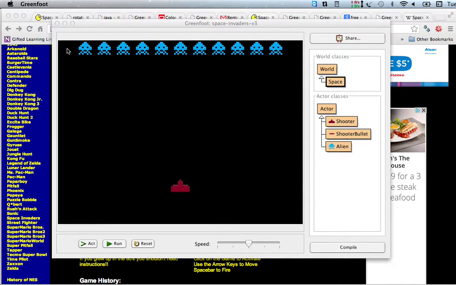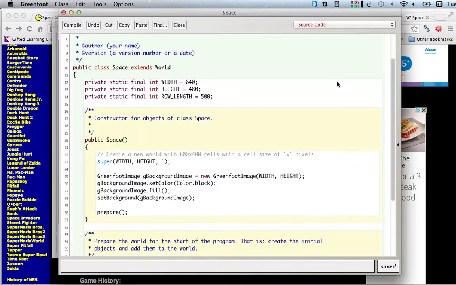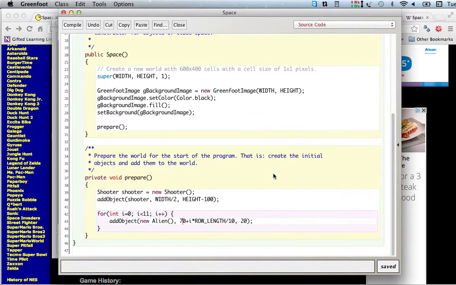Then we divided that value by 2 so that we could divide that leftover space between the left side and the right side. So we're taking the width, subtracting off the row length, and then dividing that difference by 2. That's how we got this 70.